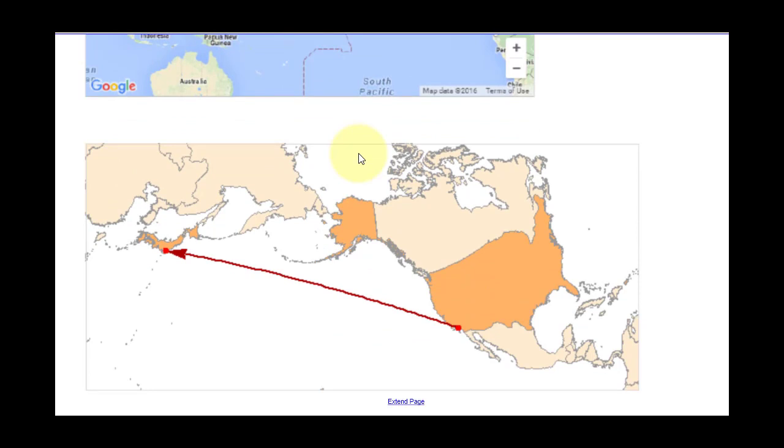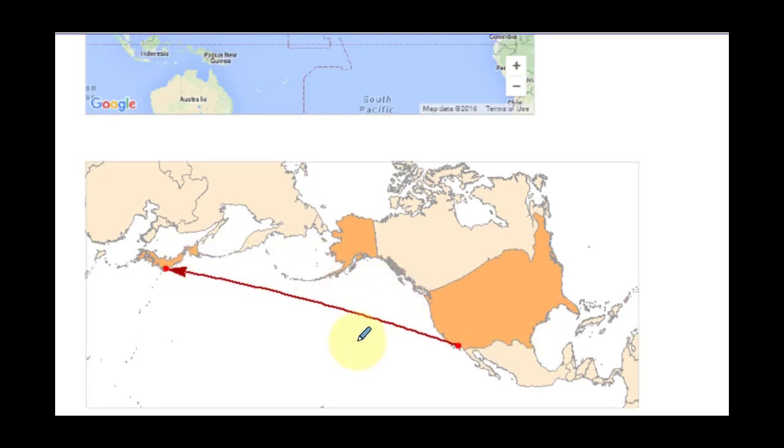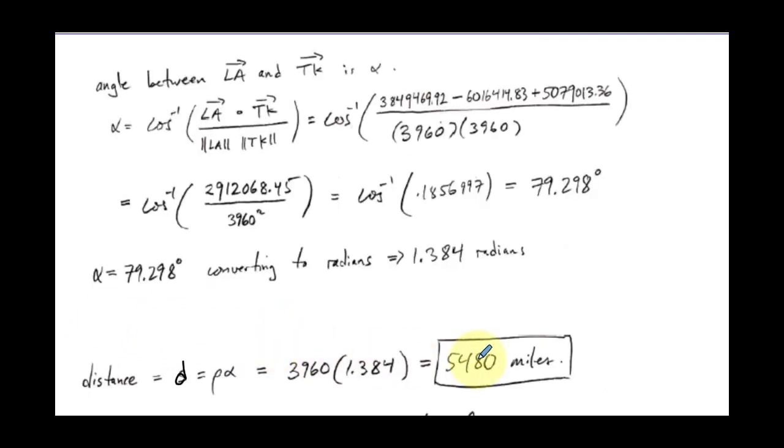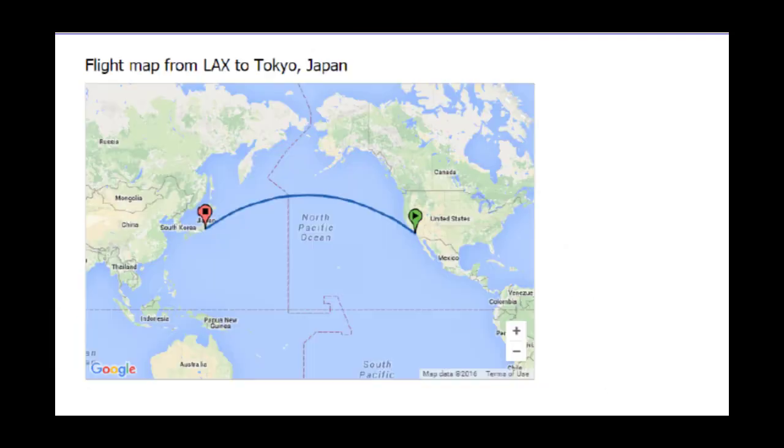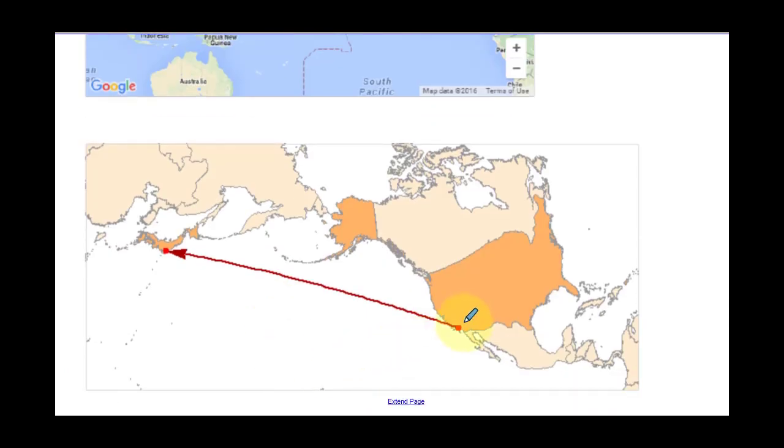These great circles are circles that encompass the Earth, with the center of the great circle the same as the center of the Earth. These great circles are also called geodesics. So this is a portion of the geodesic that contains those two cities of LA and Tokyo, and that distance is 5,480 miles from LA to Tokyo.